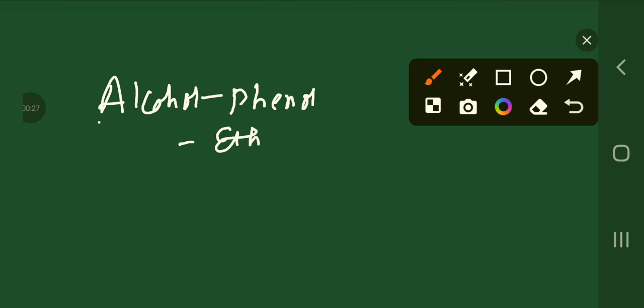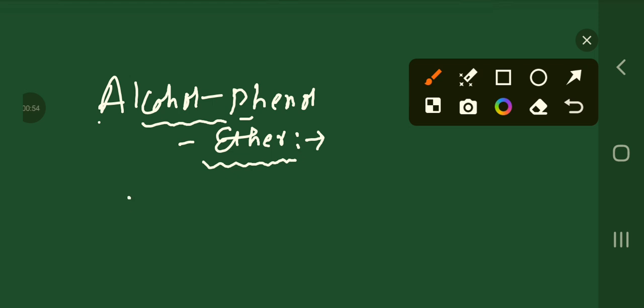All chapters are equally important, but from the exam point of view, class 12 board exam, this chapter is very important. The first chapter that we have completed, haloalkane and haloarene, and this is the second chapter of organic chemistry, and that is alcohol, phenol, and ether.